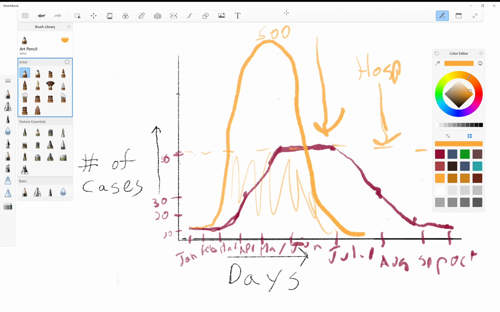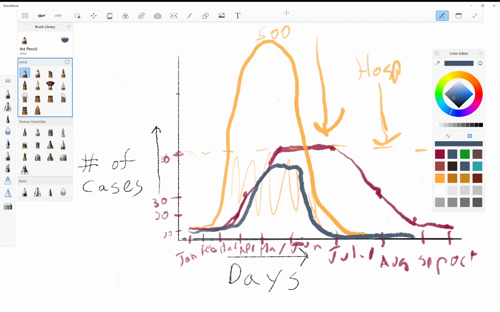lower and shorter. Okay, so this could be maybe with the purple could be some social distancing, and the yellow could be no social distancing. But if we follow all of the guidelines, perhaps we could even see a much shorter curve, okay, with fewer people.